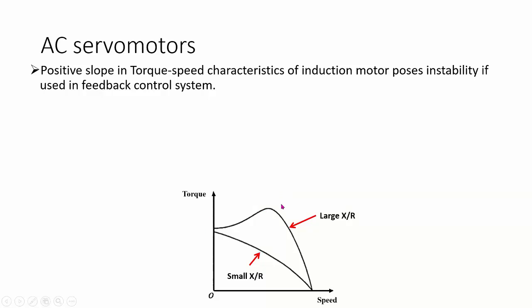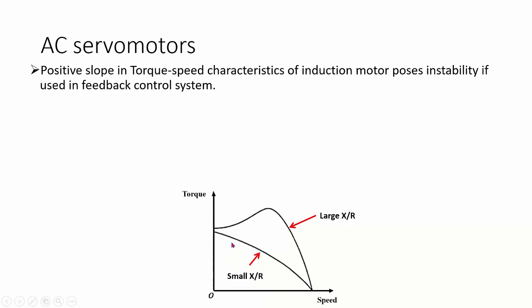So instead of having that type of trouble, what we do is we provide higher resistance to the rotor. If you make the rotor resistance higher, the characteristic is going to shift in this manner. So the ratio reactance by resistance becomes smaller because of the higher resistance, and the profile gets like this.